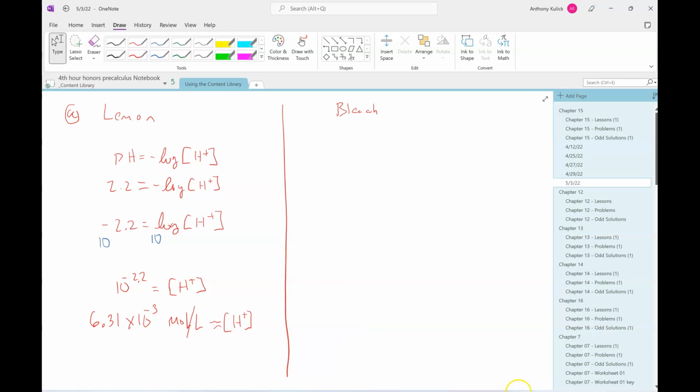And I'm just writing this in scientific notation because I know where it's going later. Because are there going to be more hydrogen ions or less hydrogen ions in a basic thing? Do you want us to write our answers in scientific notation? I'm explaining to you why I'm doing it right now. So is there going to be more hydrogen ions or less hydrogen ions in a basic thing?